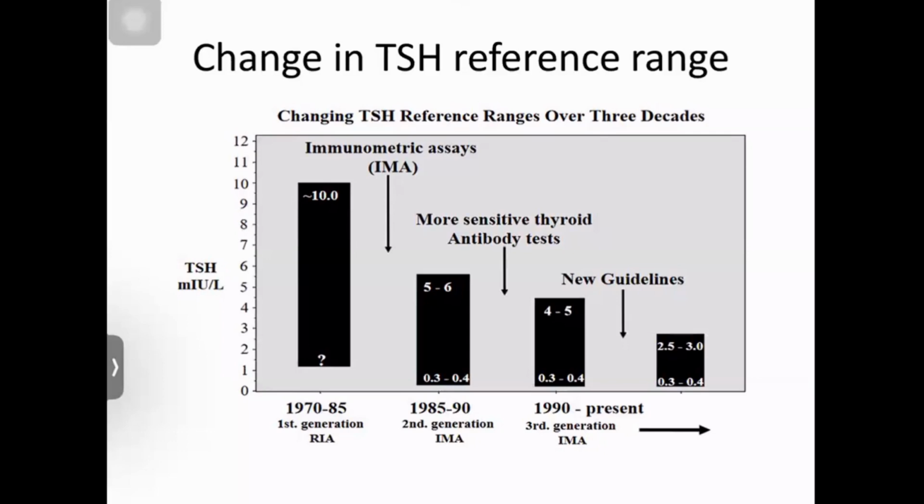So till then, as we try to increase the sensitivity by using monoclonal antibodies, the third generation TSH assays help us to now bring the TSH reference range between 0.3 to 4 or 4 to 5. So the guidelines now has this reference range within the literature, and that's what is being utilized across the globe.